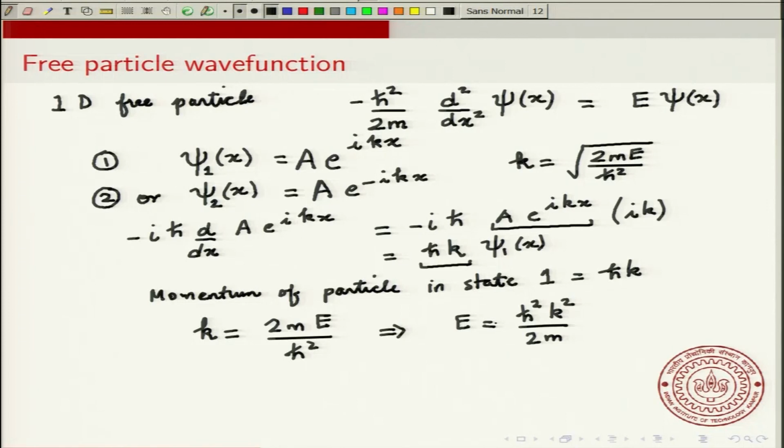What we mean is that k can take any value, and energy can take any value. Now, in state 2, the momentum of the particle will be minus h cross k. The energy will be the same.